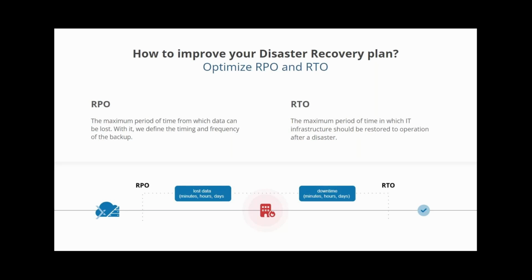All of the above will help tailor the disaster recovery plan to the organization's requirements and increase its effectiveness in ensuring the continuity of its systems after a disaster or failure.